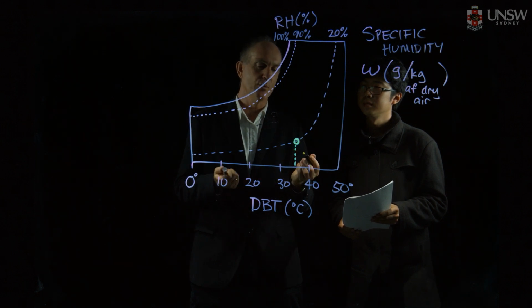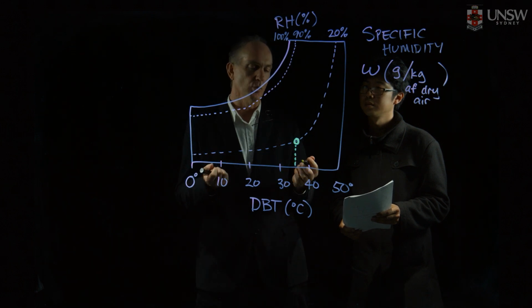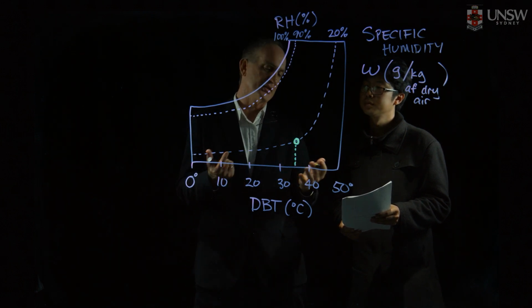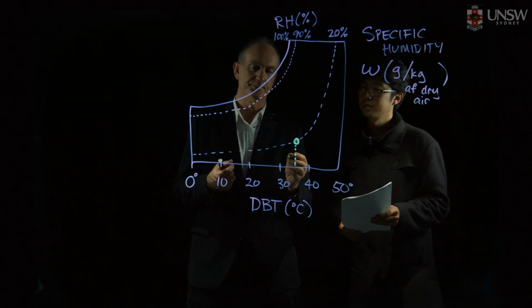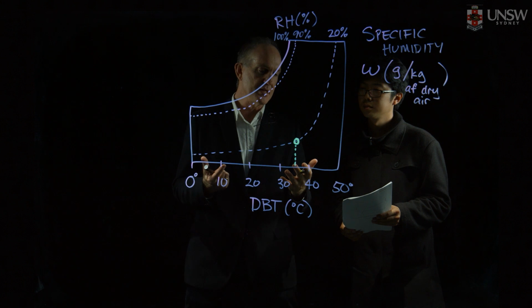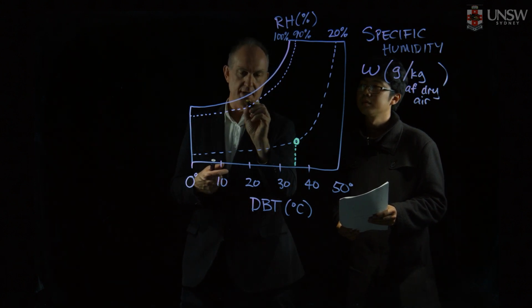And so the air will follow a line, a constant wet bulb line or a constant enthalpy. Those two lines on the psychrometric chart are fairly similar. Constant enthalpy means no added energy from outside. So that's what we're going to draw now.